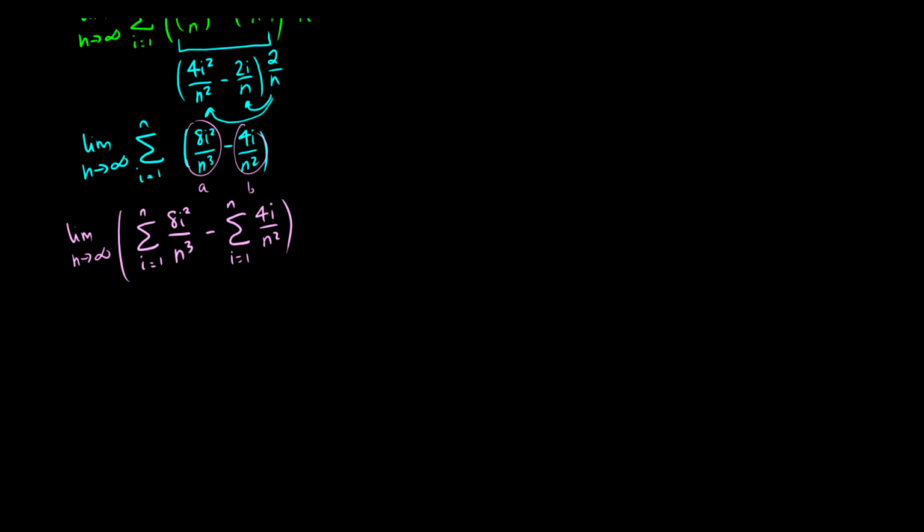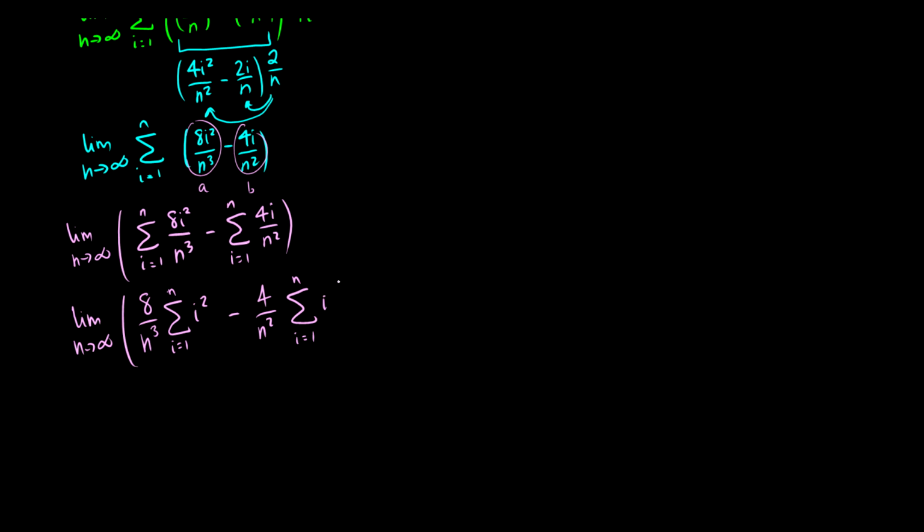Now let's use another law and move the constants from inside the sums to outside. So we take the limit as n goes to infinity of 8 over n cubed times the sum from i equals 1 to n of i squared, minus 4 over n squared times the sum from i equals 1 to n of i.